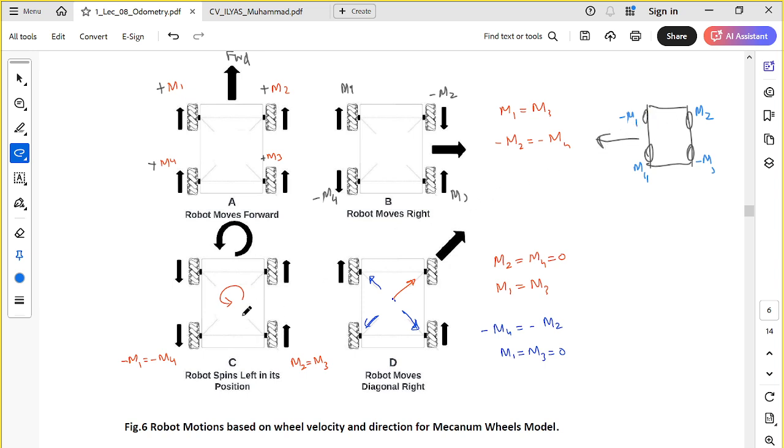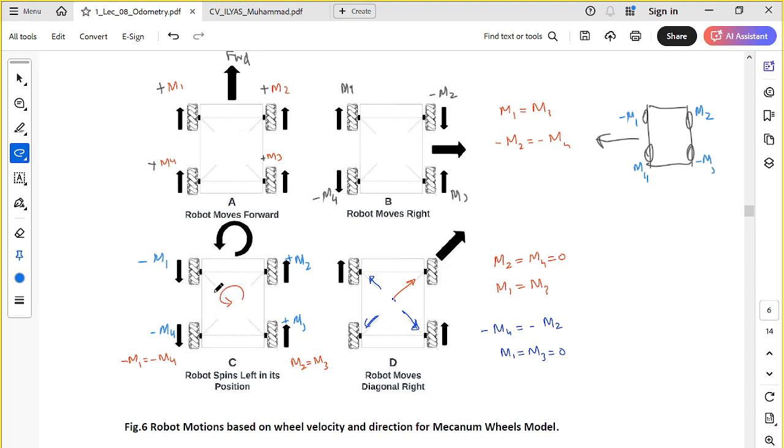Similarly, if you want to spin clockwise or anticlockwise, you change the direction of M1 and M4, and M2 will be plus, M3 will be plus. If you apply positive voltage to the rightwards motors and negative to the leftwards motors, your robot will turn counterclockwise.